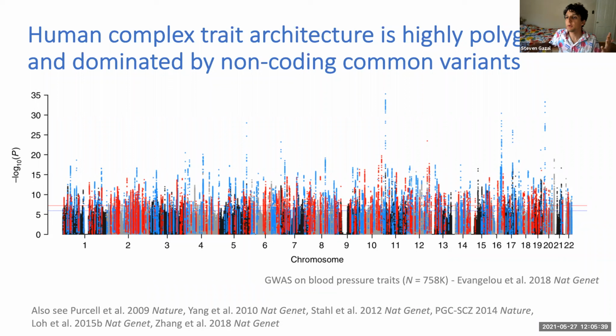traits. This could be great news, because now we have data sets that are so powerful that we can highlight hundreds of variants, and so we can learn a lot about the biology of the trait. But what turned out is that all these associated variants tend to be mostly non-coding variants, which are very hard to interpret.